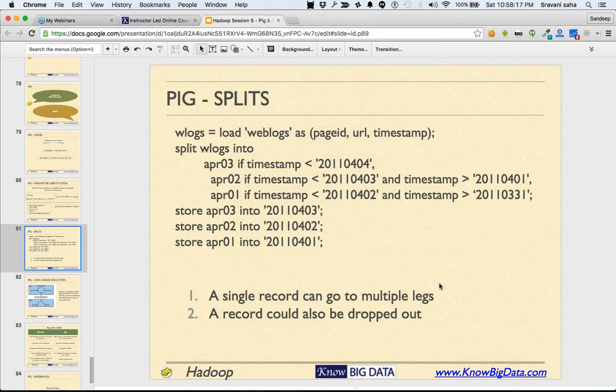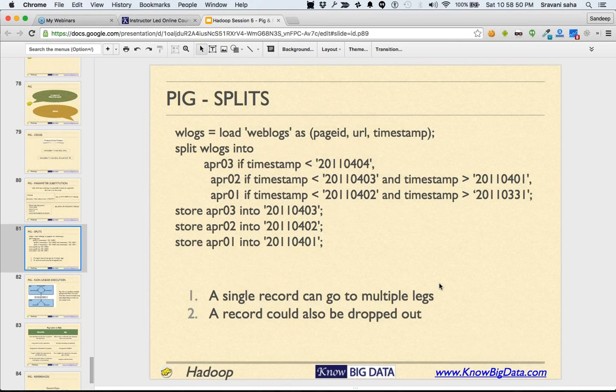Now, out of these wlogs, you have three different kinds of processing to be done. One, for all those records which are less than 4th April 2011. The second kind of processing is required for the records which are between 1st of April and 3rd of April.